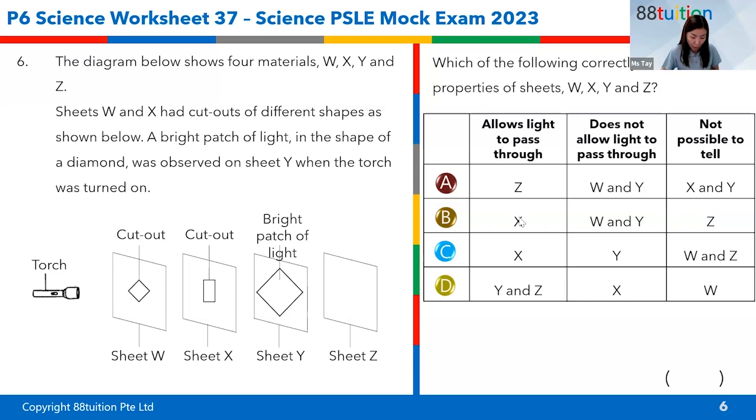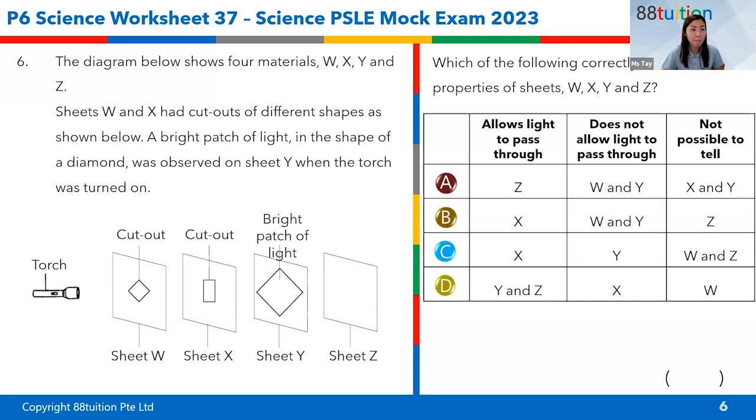Okay, so X allows light to pass through, and W and Y do not allow light to pass through. Now you see that X is the one with the diamond? X is not a diamond actually. X is the rectangular shape being cut out.